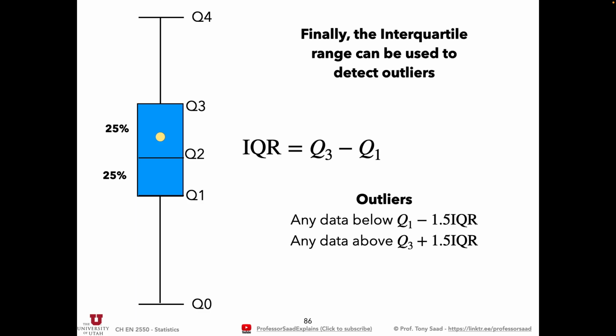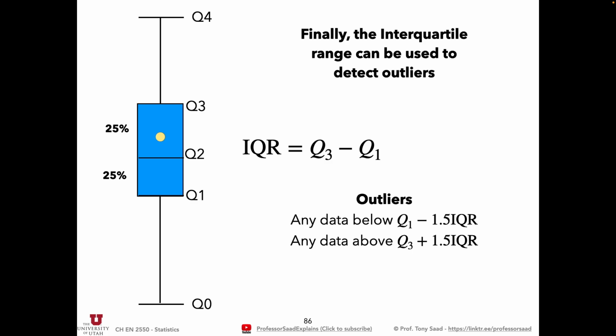And any data below Q1 minus 1.5 IQR is an outlier. And oftentimes you will see those data points show up as circles outside of the whisker.